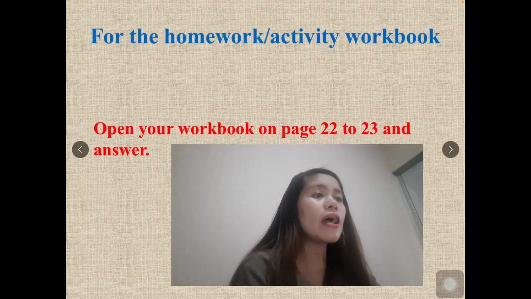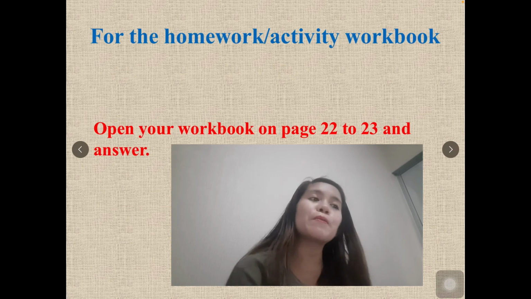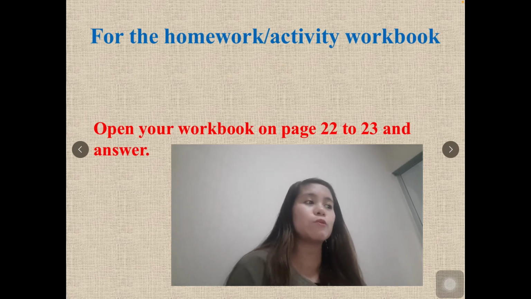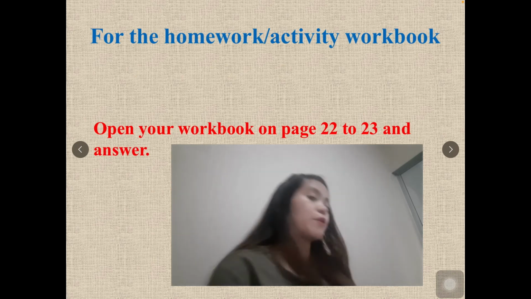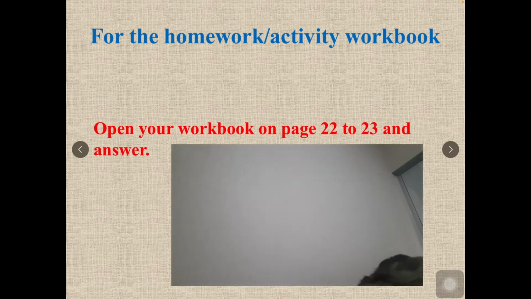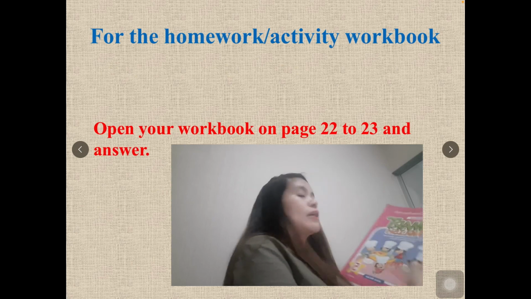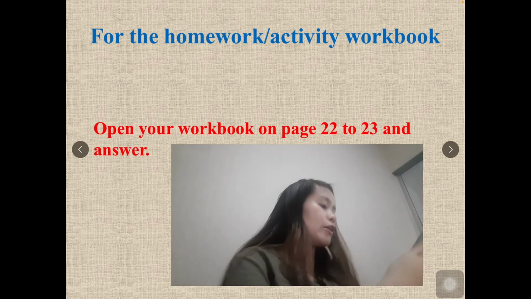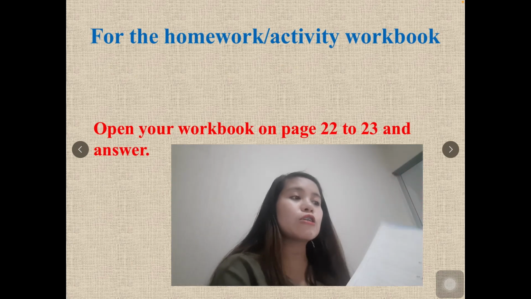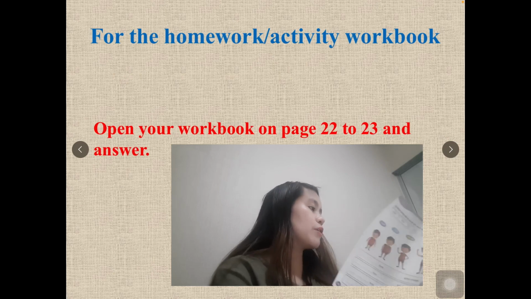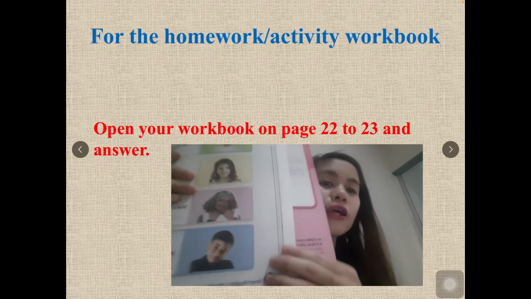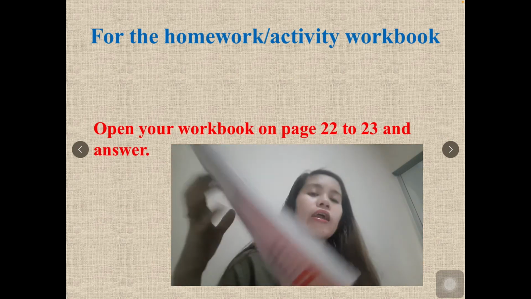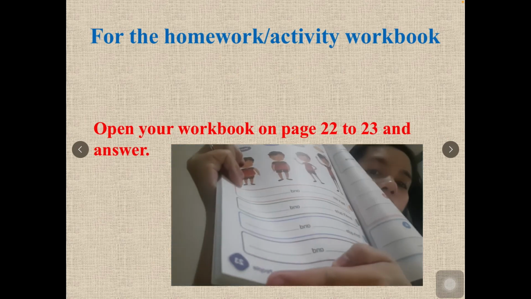Okay, now it's time for your homework or your activity workbook. You can open your workbook on page 22 and 23.